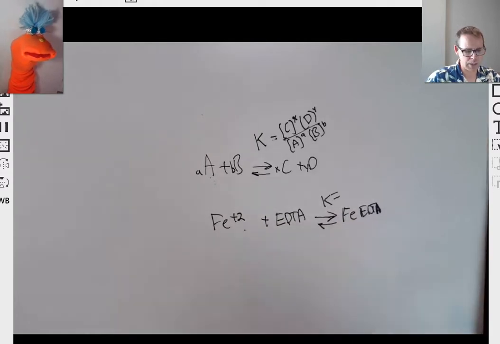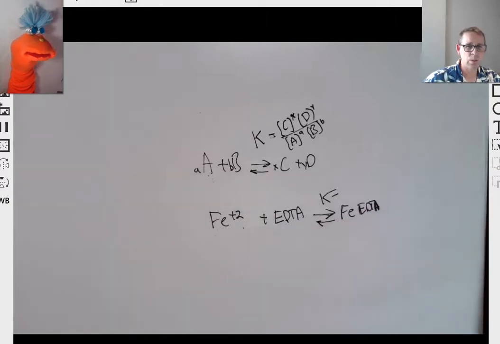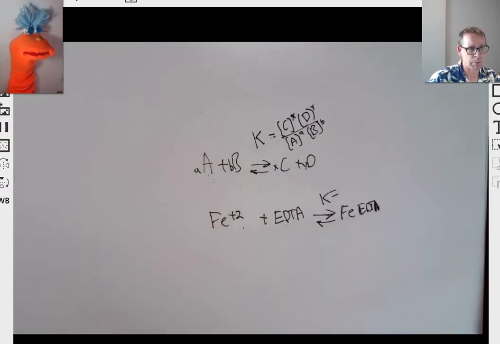What would the K number be if at equilibrium almost all of the complex was like this and not like this? Would the K value be very large or very small? What would the K value be if it was all iron EDTA and not separate? Would it be a very large value or a very small value? I'm not sure.